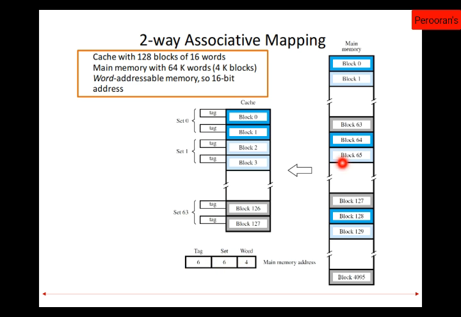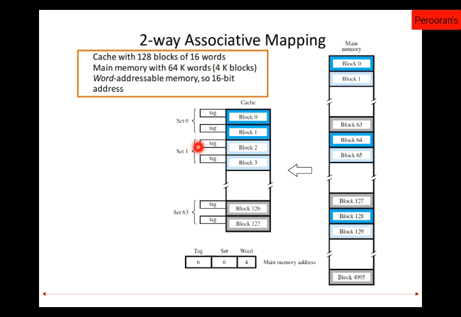So when the processor generates an address, it will take the set field and check where that set is located, and then it will look at the tag. If the tag matches, the data is present in that block. That is the case of set associative mapping.